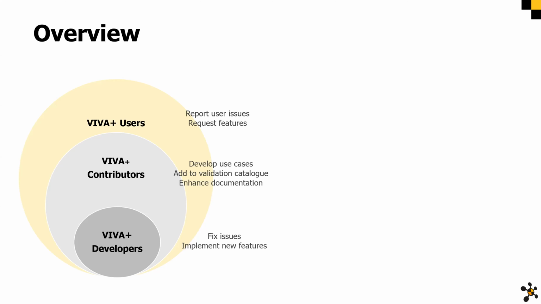And then if you use it and you have your own use cases, or you perform more validations, and you feel you can enhance the documentation, you can contribute it back to the community, and everyone can make use of it.